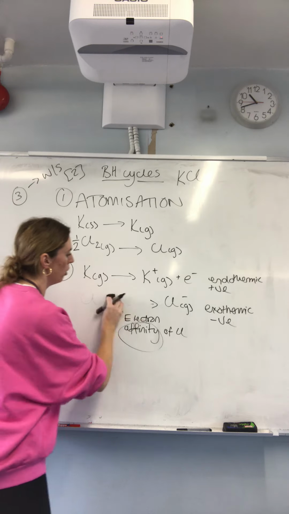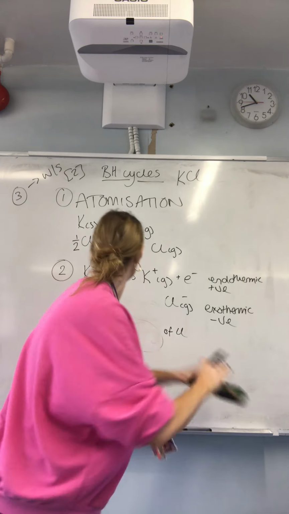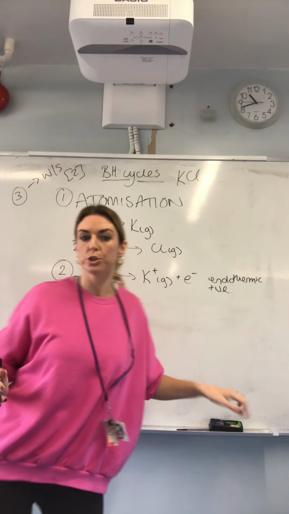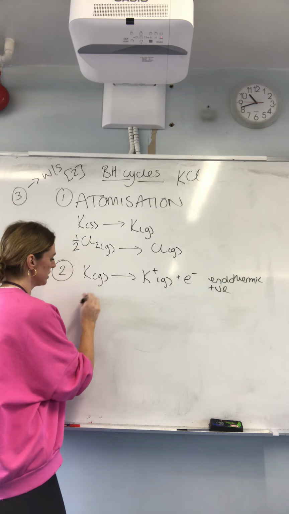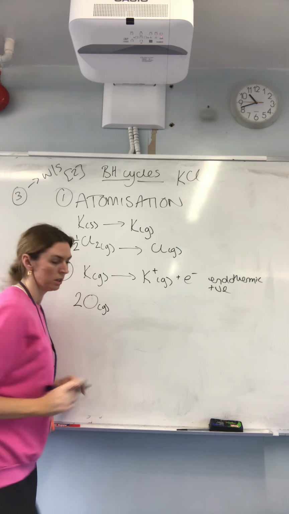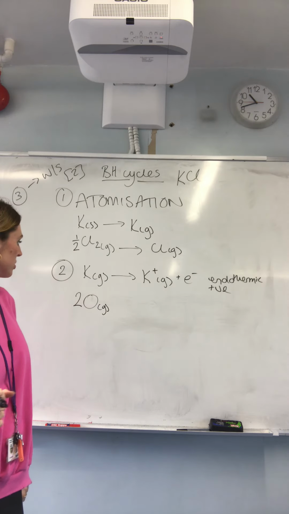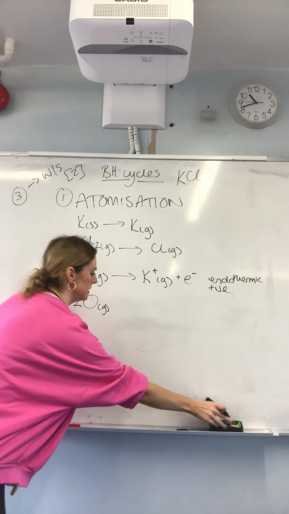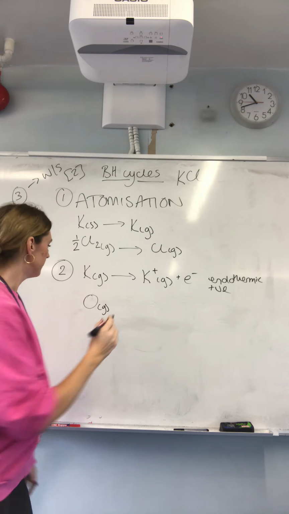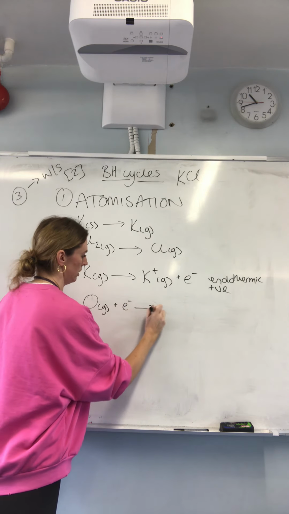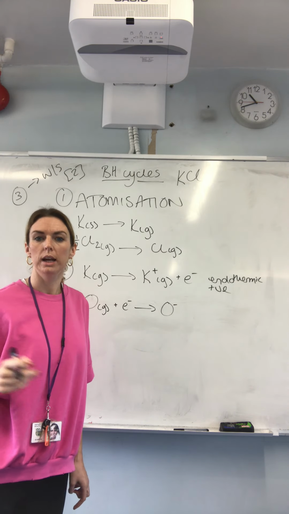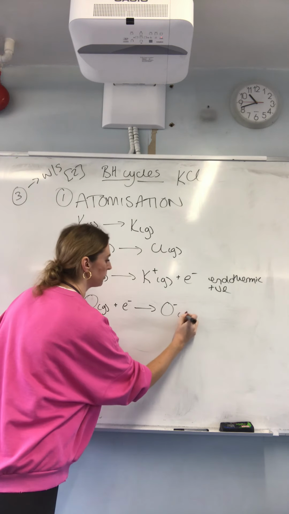Let's take oxygen as an example. Oxygen, as you know, forms an O2- ion, an oxide ion. So if we have, let's say, 2 oxygen atoms, actually for simplicity's sake, let's just stick with 1 for now. The first electron affinity of oxygen will produce an oxide 1- ion, as you would find in peroxides.